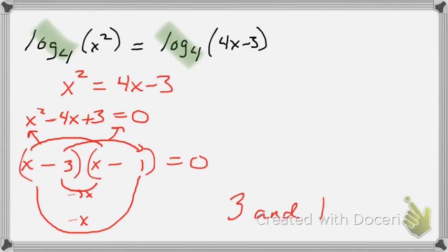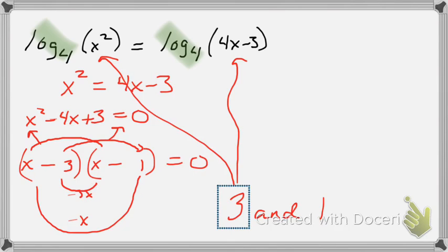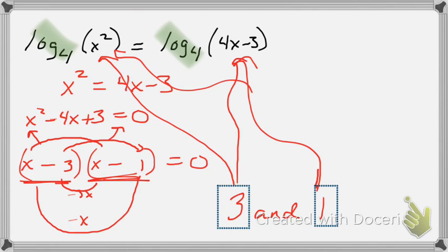Look up at the top. Does a 3 give you positives in the parentheses? Yeah, what's it give you? 9. So it's good. How about 1? Does it give you positives? Yeah, it gives you 1. It's going to give you the same number in each one. So both are good.